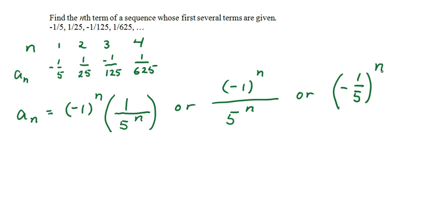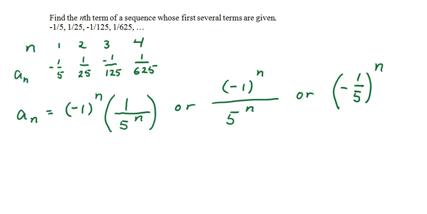So the nth term does not have a unique representation. It is correct if when you plug in the values for n, you get the terms that were given.